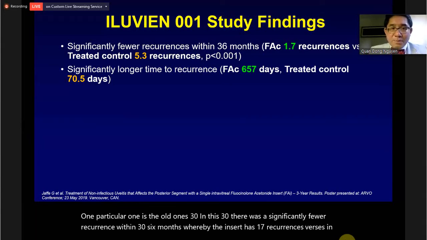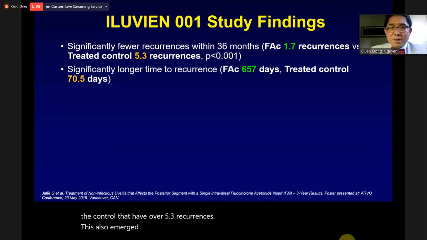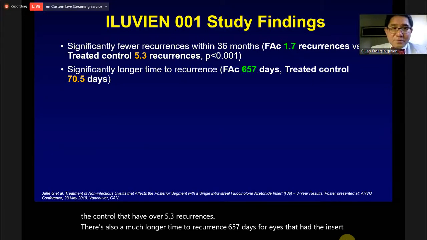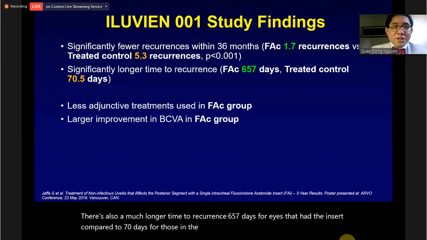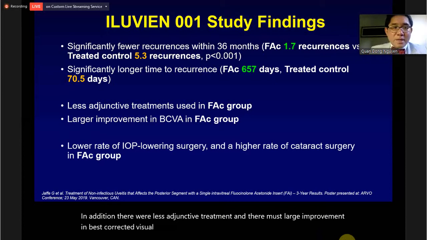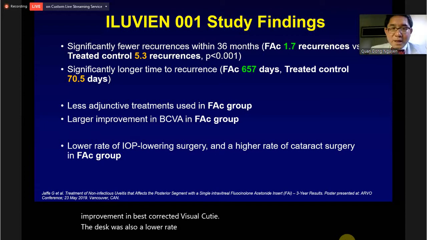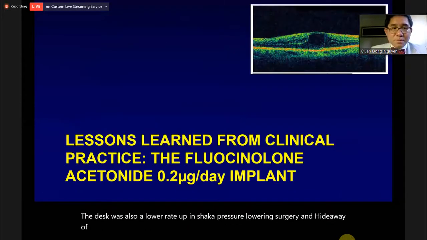There's also a much longer time to recurrence, 657 days for eyes that had the inserts compared to 70 days for those in the control group. In addition, there was less adjunctive treatment and a much larger improvement in best corrected visual acuity. There was also a lower rate of intraocular pressure lowering surgery and the rate of cataract surgery in the insert group. So those are some of the brief data.